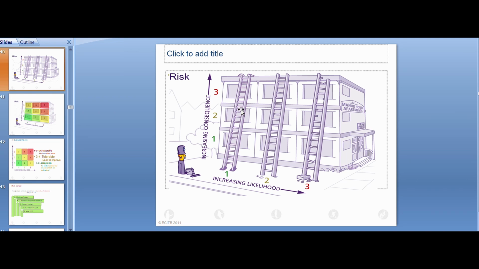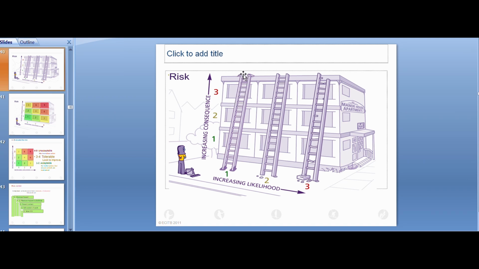If a person falls from this height, he may get a serious injury or serious illness. The likelihood is still the same, but with the increase of the consequences, my risk value will increase.